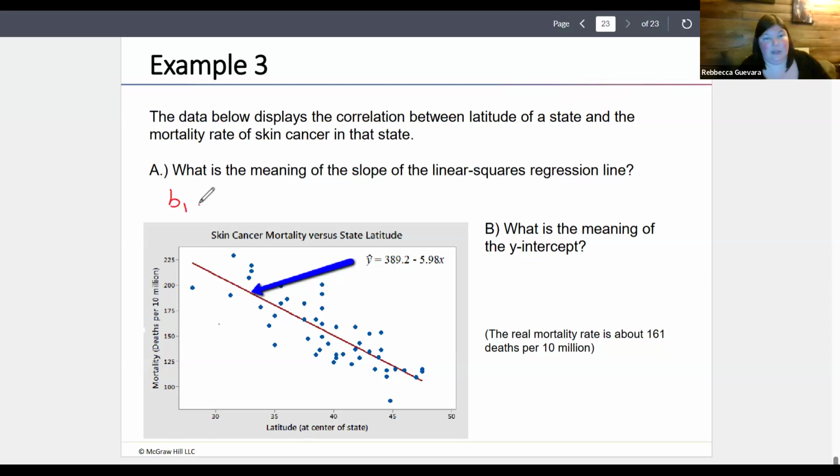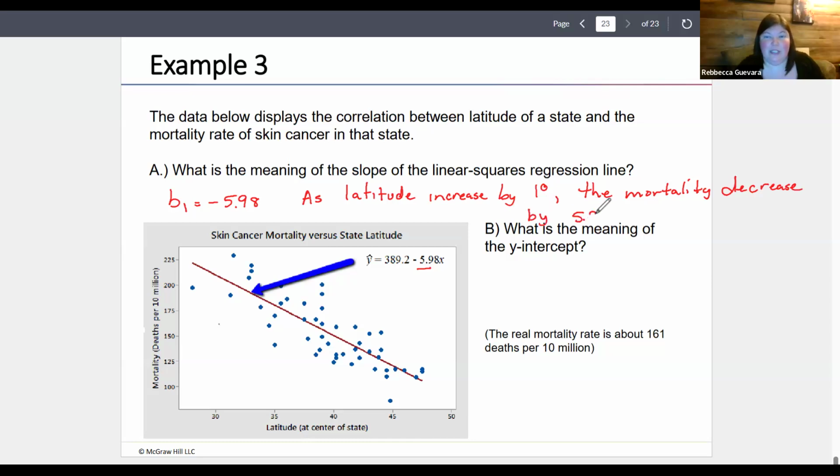So we see that my slope is a negative 5.98. What that means is that as x increases, so x is my latitude, as latitude increases by 1 degree, the mortality rate, because that's negative, is going to decrease by 5.98, so almost 6 deaths per million.